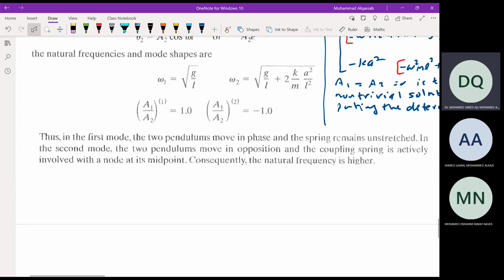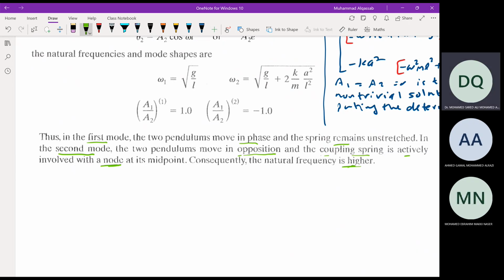Thus, in the first mode, the two pendulums move in phase and the spring remains unstretched all the time. If the system is oscillating in the first mode, there is no load on the spring. In the second mode, the two pendulums move in opposite directions, and the coupling spring is actively involved with a node at its midspan. Consequently, the natural frequency is higher. This is why we call it omega 2.